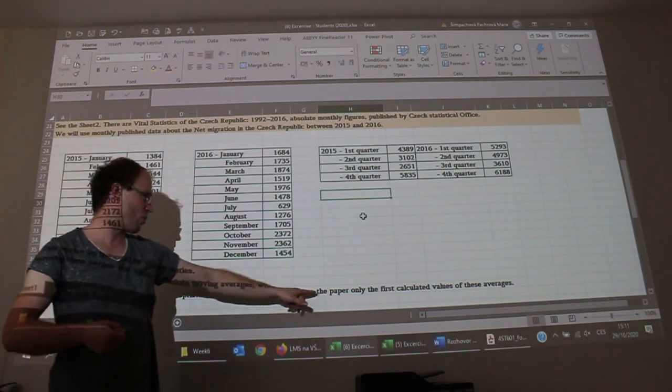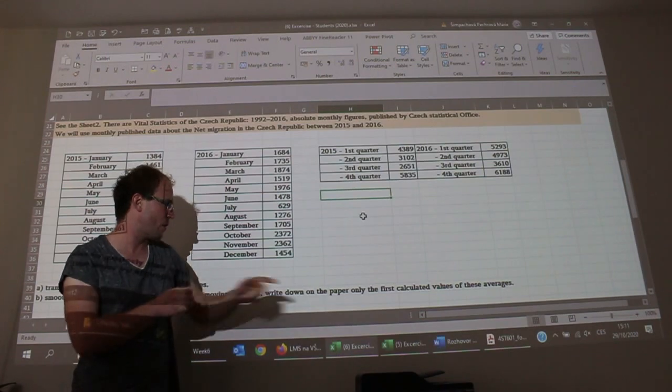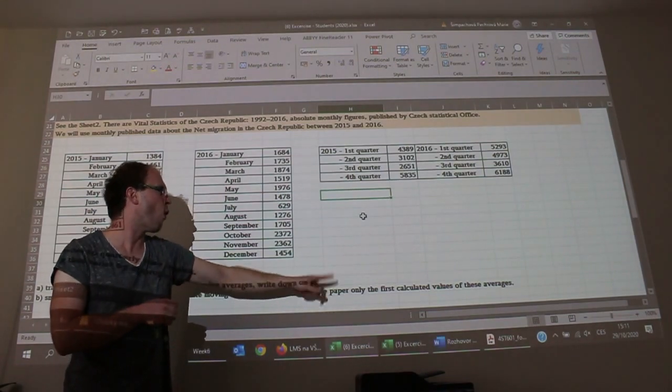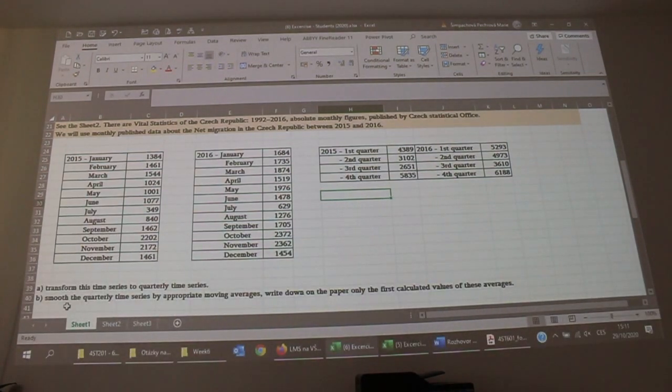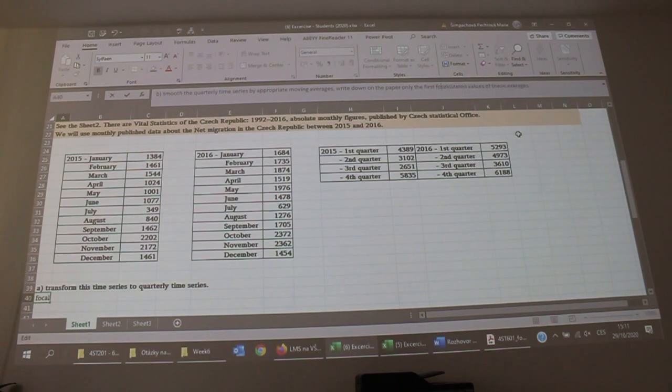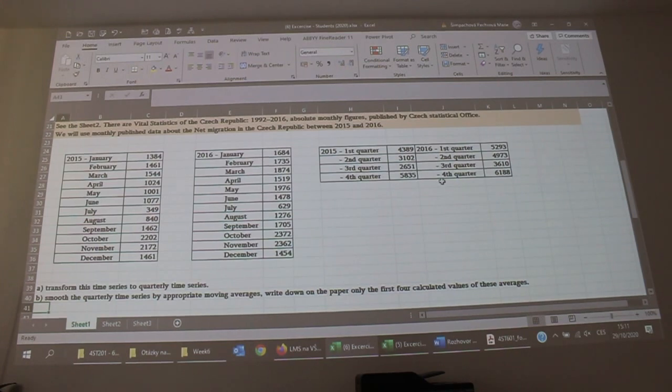Okay. Write down on the paper only the first four calculated values of these averages. It will be enough. Okay, so we can start. Equal sign, open parenthesis. And now, what is a moving average with length 4?